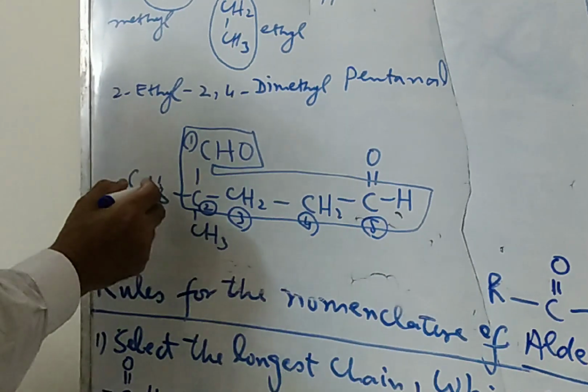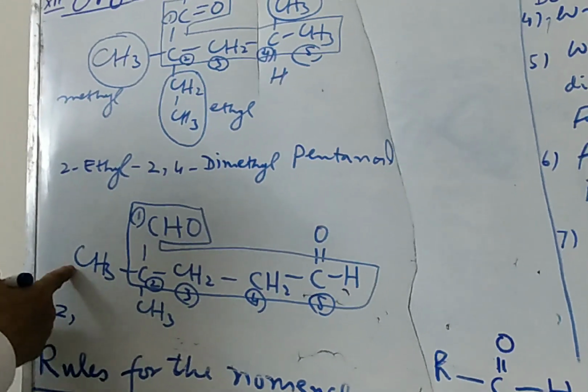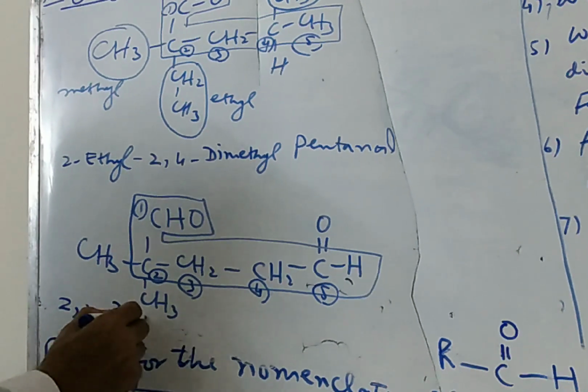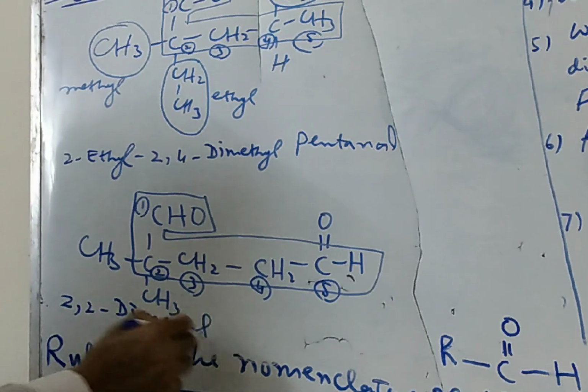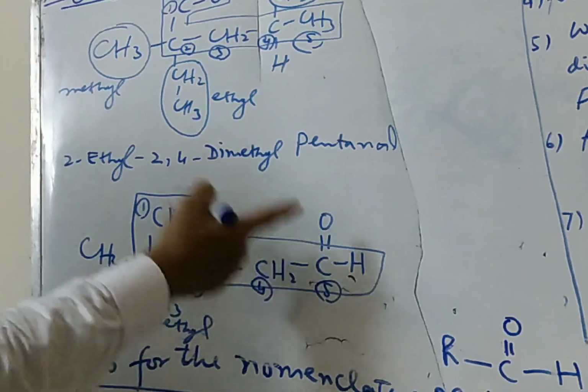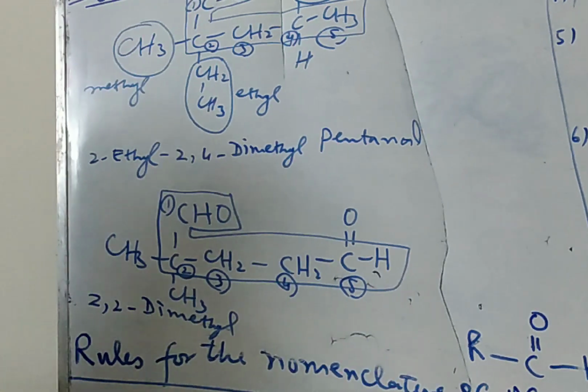Now according to the rule, the numbering, that is 2,2-dimethyl, and then the position, since we have two CHO groups, so you should mention the position now. If it is single, then no need to mention the position.